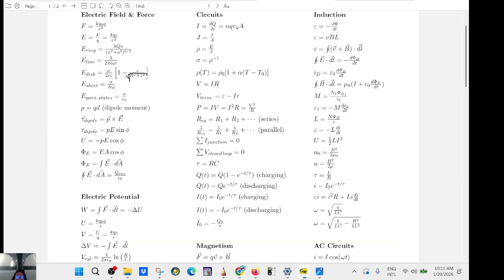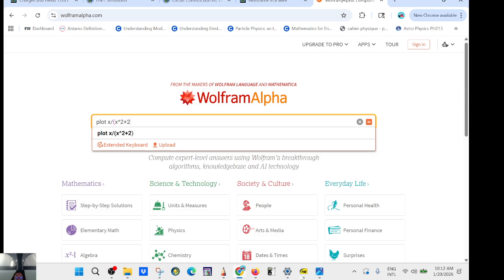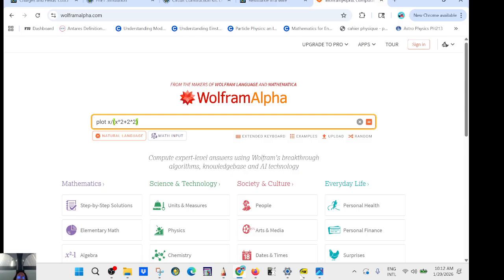For the ring, we have an X on top, and at the bottom we have X squared plus A squared. Let's take a fake radius of 2 to see what's going on. Then you raise it to the 1.5. Is that right? For x between 2 and 10, let's say.